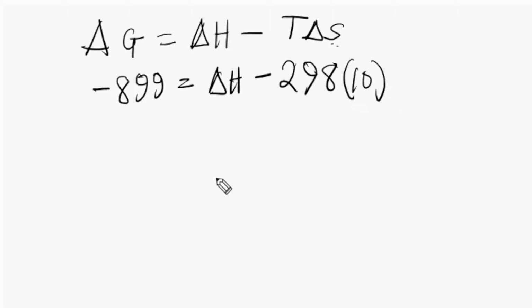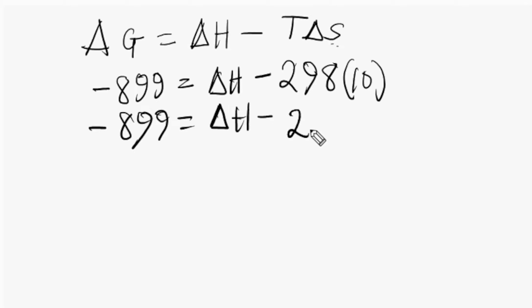Alright, so with this here, we're going to have negative 899 is equal to delta H minus 298 times 10, which is 2980.